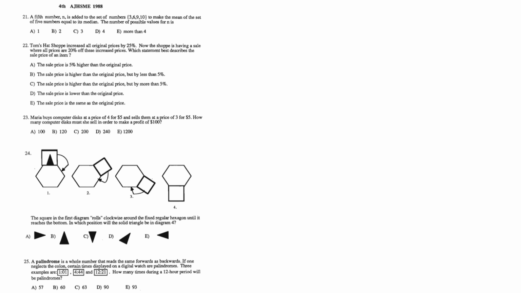Number 21. A fifth number n is added to the set of the numbers 3, 6, 9, 10 to make the mean of the set of 5 numbers equal to its median. The number of possible values for n is? We have 3, 6, 9, 10, so add n to this set. What's the mean?